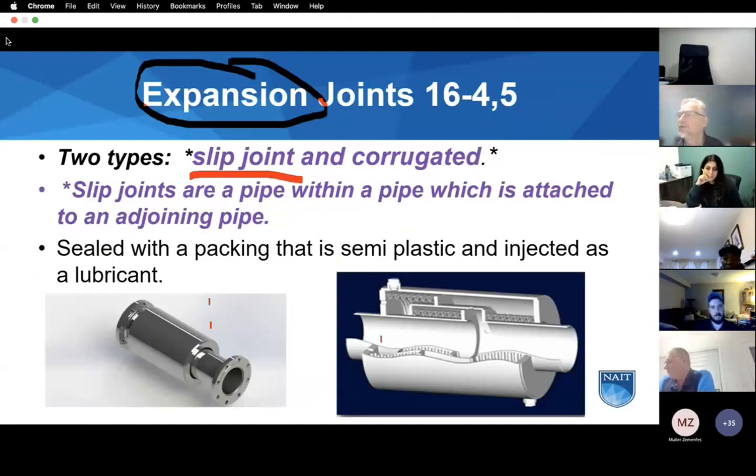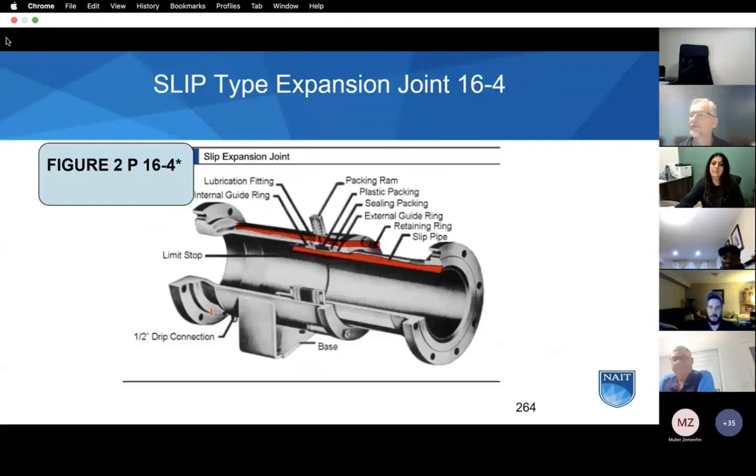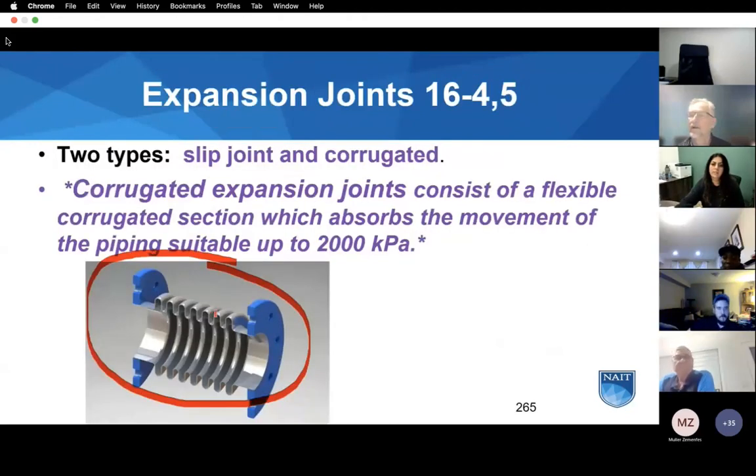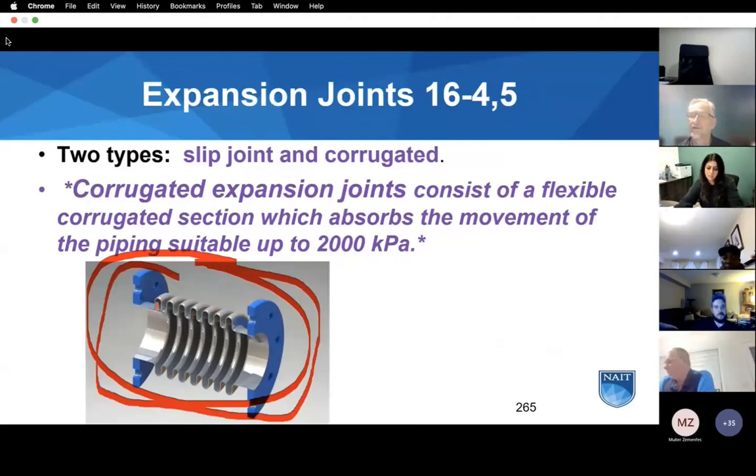With a slip joint, there's some packing in here to prevent leaks. Is it always perfect? Maybe not, right? This kind is a solid structure. It's just got some bends in the sides of the piping to allow it to compress. So, bellows or corrugated style expansion joint.